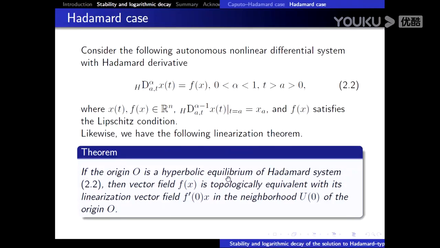If the origin is the hyperbolic equilibrium of Hadamard system 2.2, then the vector field F(x) is locally topologically equivalent with the linearization vector field F'(0)x in the neighborhood U0 of the origin. We must state that this is a local topological equivalence, since we use the linearization.